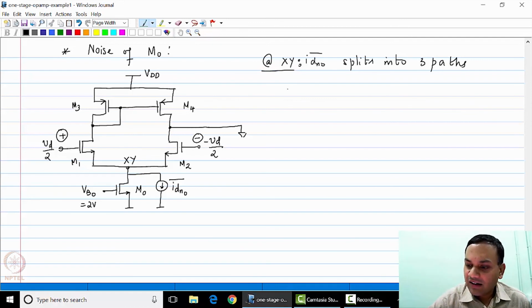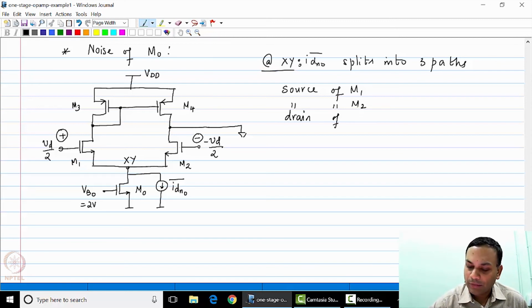So the 3 parts are: there is current flowing into the source of M1, there is current flowing into the source of M2, and there is current flowing into the drain of M0.